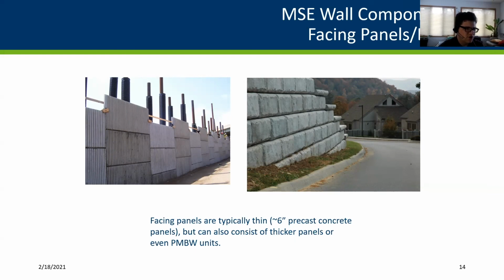Those are the larger precast blocks, and we'll go into that a little later on. They can also be used as a facing. And the facing serves a small but essential service in keeping the soil from raveling and exiting the wall. So it's there to make sure that the sand stays where it should be in the wall performance.